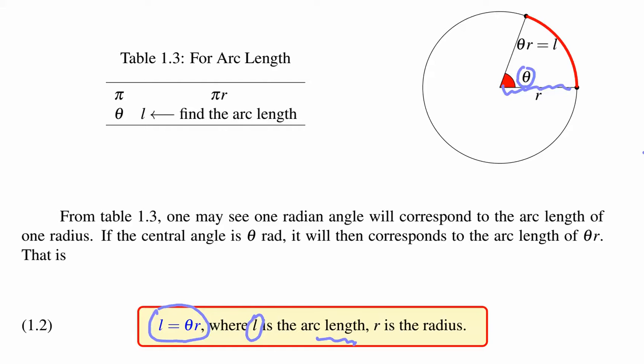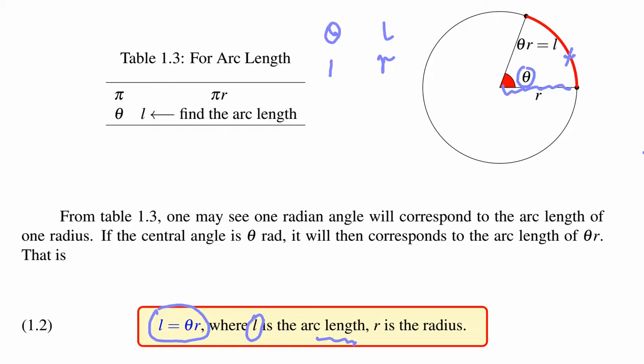Previously, we know the relationship between theta angle and the length of arc. We know how radian is defined. If the length of arc L is R, then it's 1 radian.